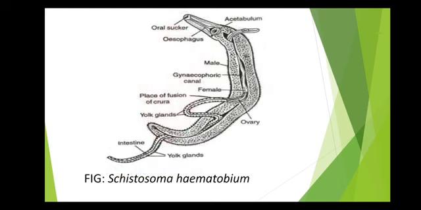Next example, Schistosoma haematobium. So you can see the structure of Schistosoma haematobium. Schistosoma is commonly called the blood fluke as it lives in the hepatic portal system and mesenteric blood vessels of human beings.